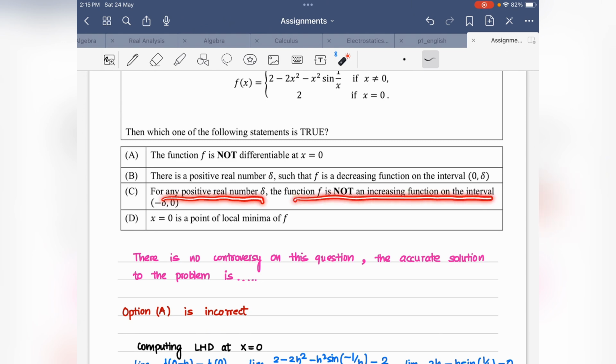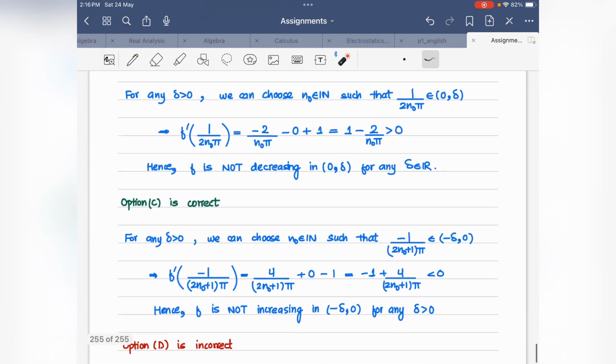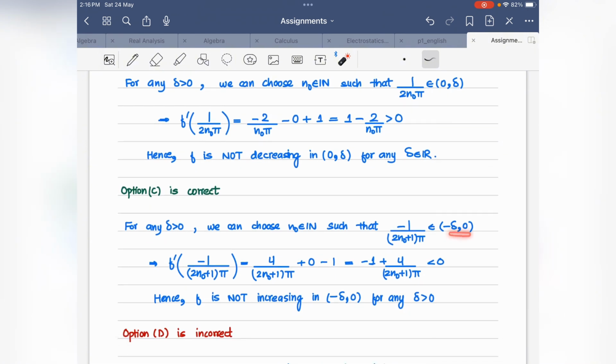for option C, for any real positive number delta, the function is not increasing on the interval (minus delta, 0). If I take the left neighborhood of 0, for any delta greater than 0, we can choose n naught such that minus 1 upon (2 n naught plus 1) pi is inside that interval. Calculating the derivative of f at minus 1 upon (2 n naught plus 1) pi, I get 4 upon (2 n naught plus 1) pi, and at any multiple of pi sine is 0, and cos at an odd multiple of pi is minus 1.